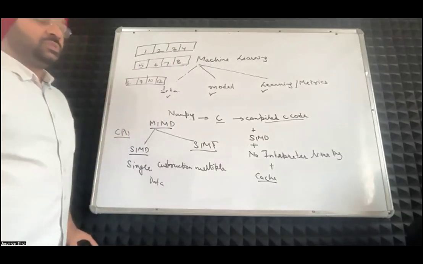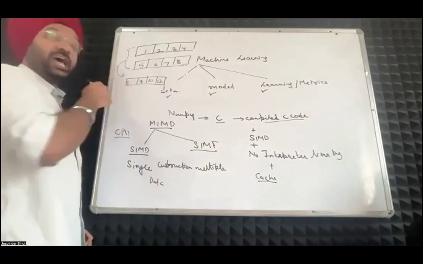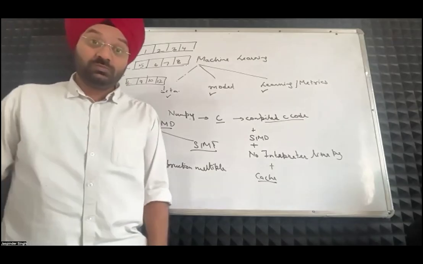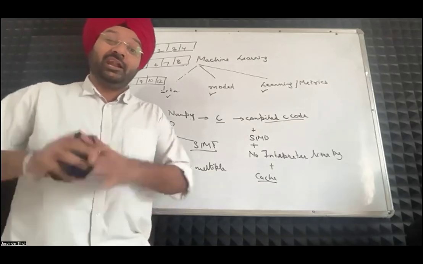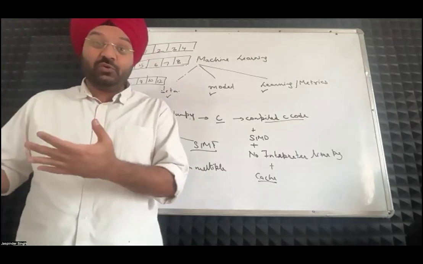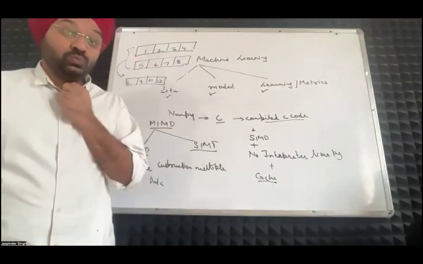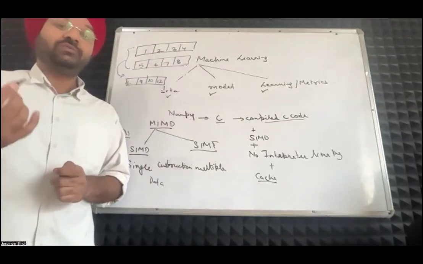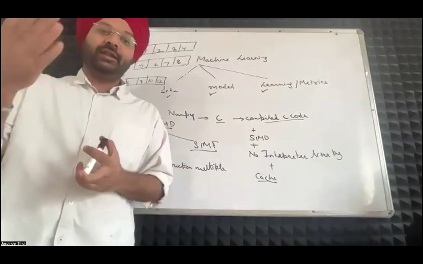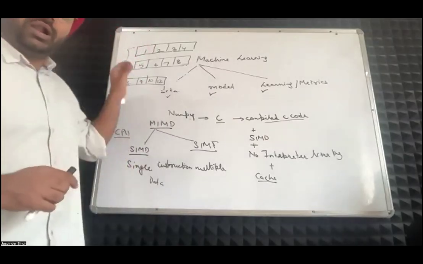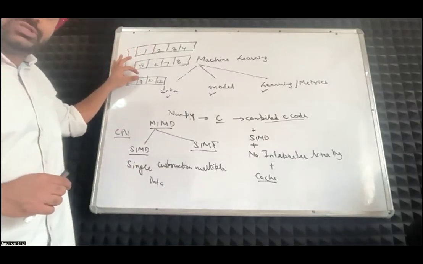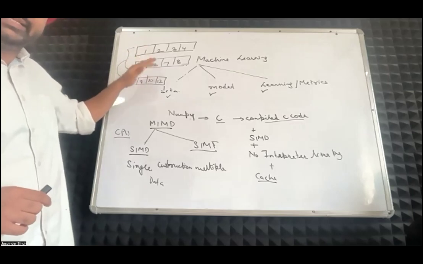That should be the result. In order to go from here to here, what should I do in a normal language, or in Python? A for loop. I'll do an iterator. I'll do a for loop. At index 0, add both, get this, get this, get this, and so on and so forth.